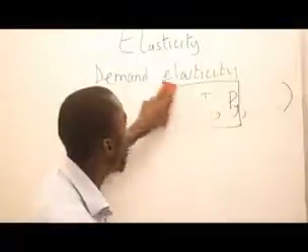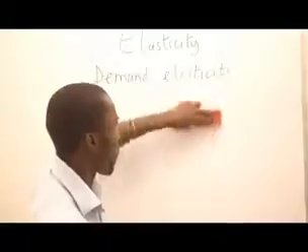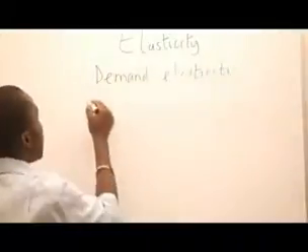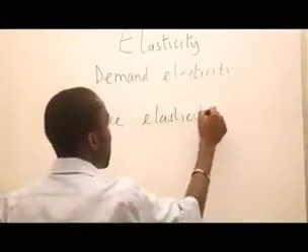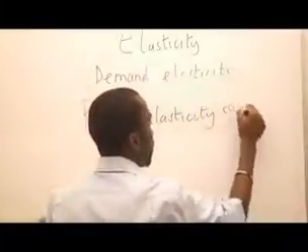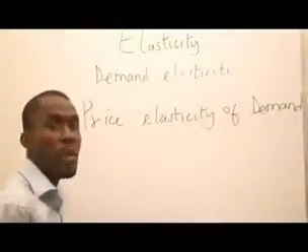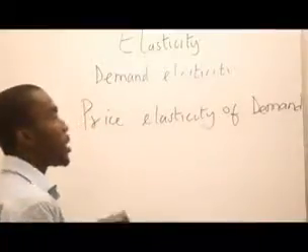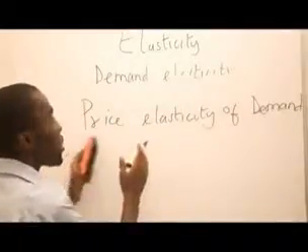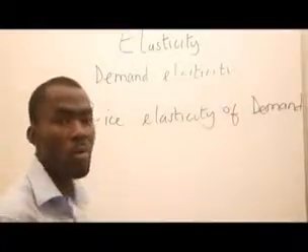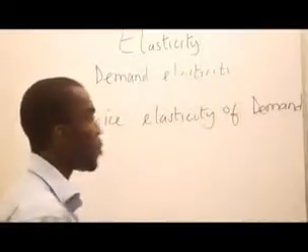So let's start off with price elasticity of demand. And here we are taking the variable price and we are looking at its effect on quantity demanded. So basically, price elasticity of demand is a degree of responsiveness of quantity demanded to changes in price.